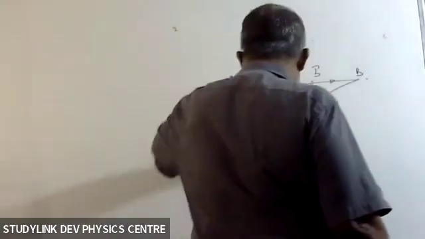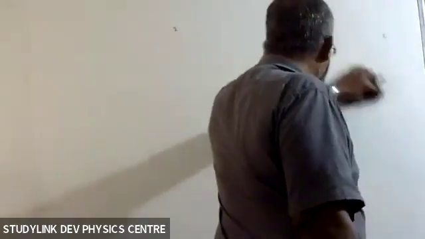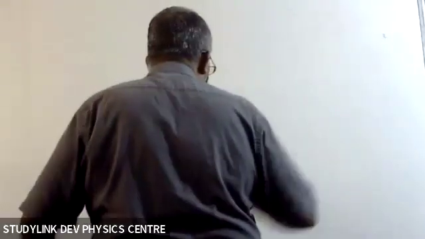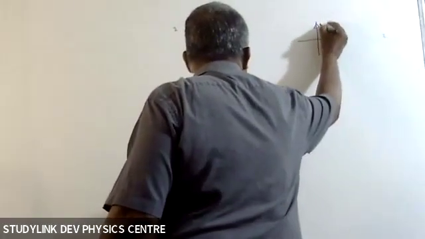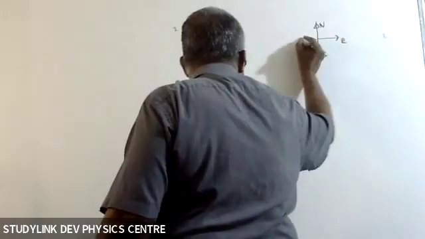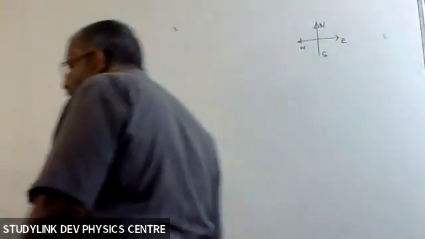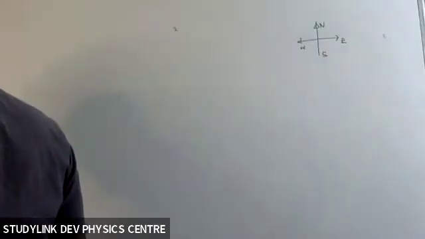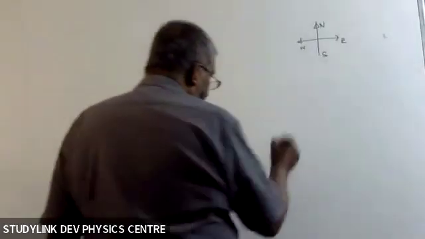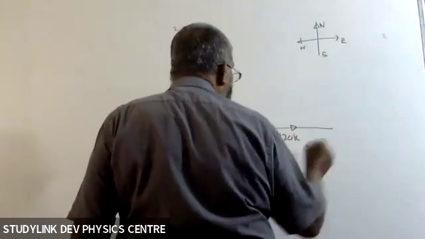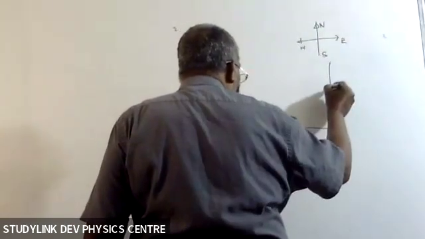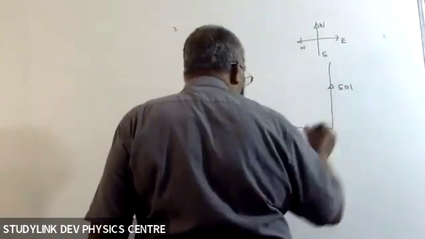I did one or two questions last week also, in the last section. First, you have to know about the directions: north, south, east, west. After that, first it goes east 120 kilometers, then north 50 kilometers.